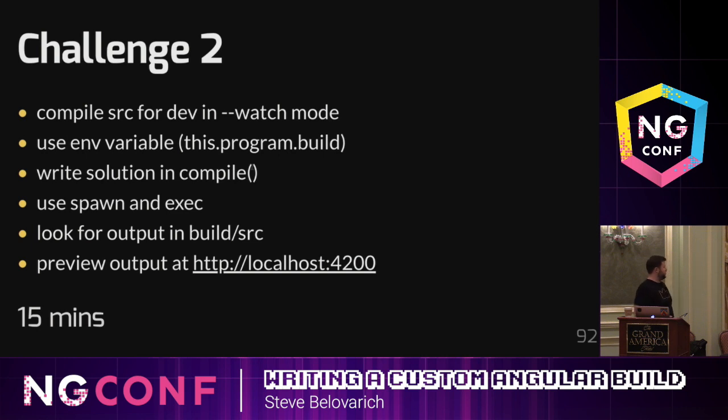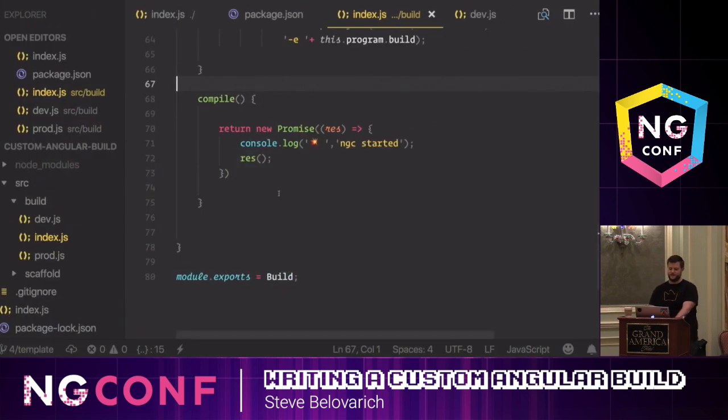What this method should do is compile your Angular source for dev in watch mode. You should use the environment variable that is available in this class. Write your solution in compile. Use spawn and exec. And then look for the output in build/src. You can preview the output in the localhost:4200 as well, because you have a server running.